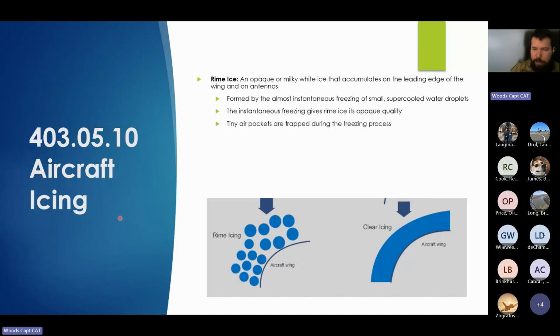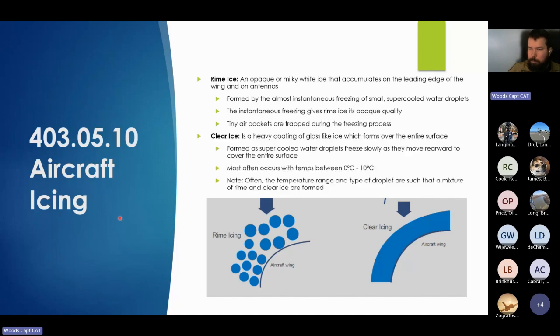The second they come into contact with the airplane, they instantly freeze, and because they freeze instantly, they make irregular shapes on the airplane, in a weird droplet shape. That's going to cause it to be opaque. So instead of being clear ice, it's a little bit white colored. It's going to make all sorts of weird lumps on our airplane.